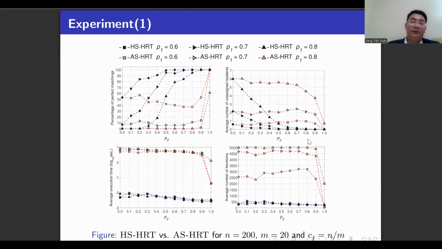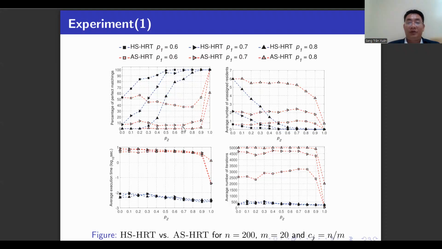For the experiments, we conduct two experiments to compare our proposed algorithm with another algorithm we call ASHRT. In the first experiment, we randomly generated 100 HRT instances for each combination of parameters: N is 200, M is 20, P1 is from 1.2 to 1.8, and P2 is from 0 to 1.